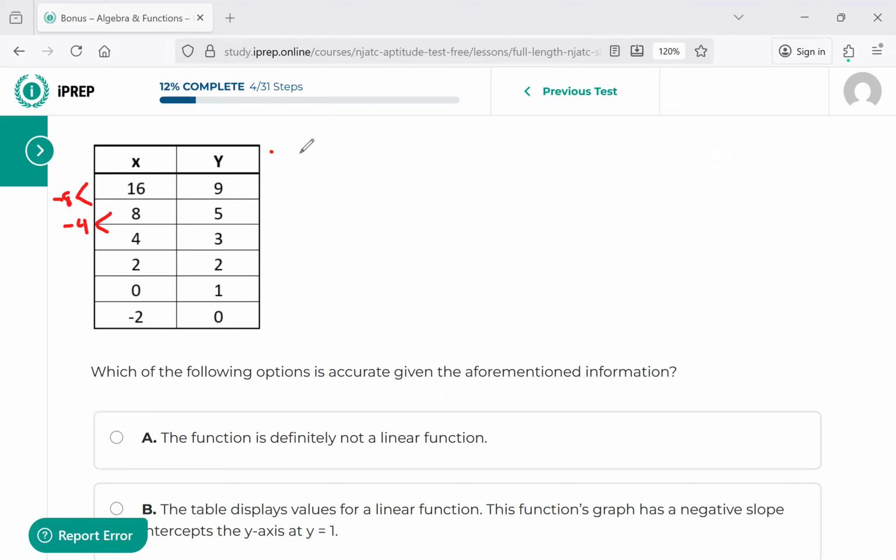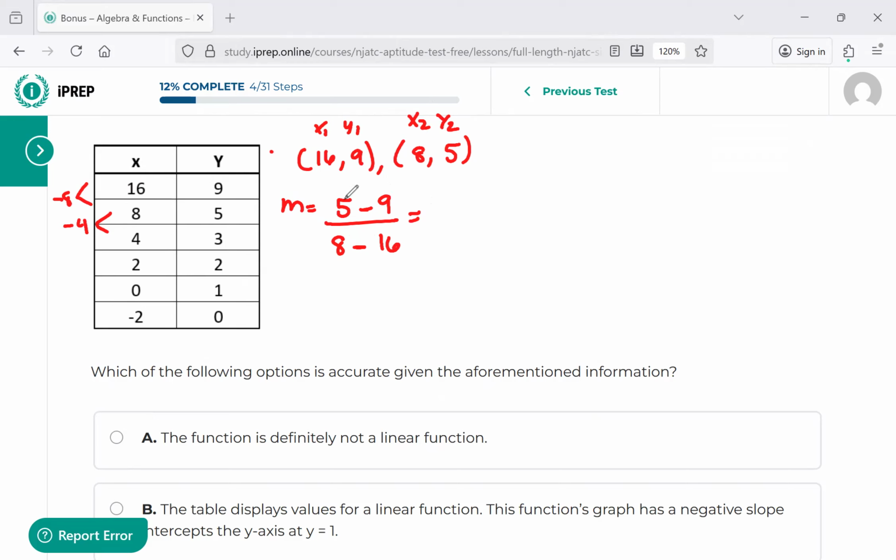So what I mean is if you pick 4 points, so let's start with 2 points. If I use 16, 9, and 8 comma 5, right? Let's find the slope of that. So this is x1, y1, x2, y2. So my slope is going to be 5 minus 9 over x2, 8 minus 16.